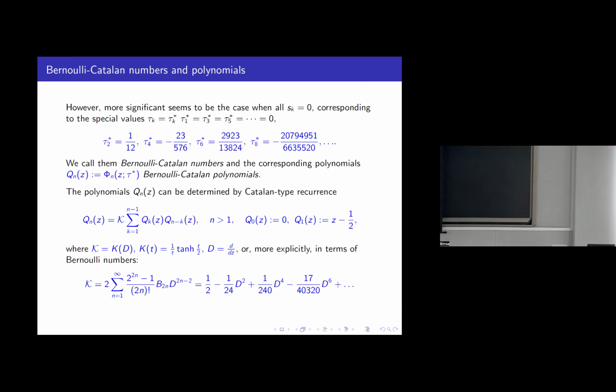No, this is already with all S parameters s_k equal to 0. That's what Bernoulli-Catalan is. So tau is therefore uniquely defined. And they have this form, and this is what we call Bernoulli-Catalan numbers. So they are already fixed. It's like Bernoulli numbers. Bernoulli polynomials, for example, you can define by two relations.